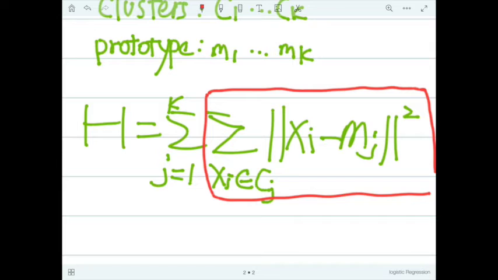What it means is to calculate the distance for all points in cluster j to its prototype and sum the distance up. The distance here is just defined as the Euclidean distance. We repeat this calculation for each of the clusters, and we sum all the distances up, which gives us H. And the k-means clustering algorithm tries to minimize H.